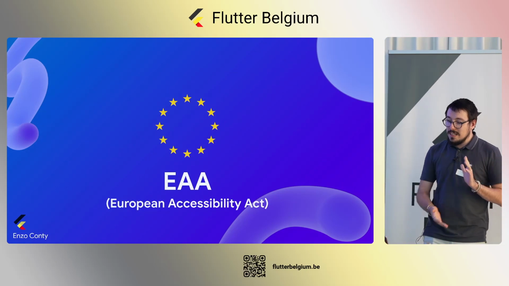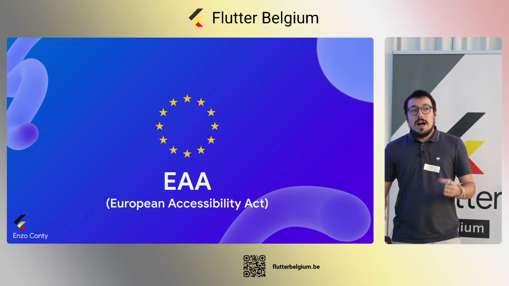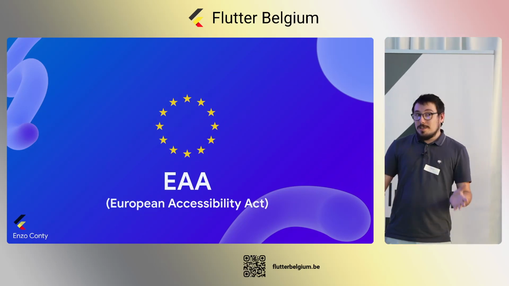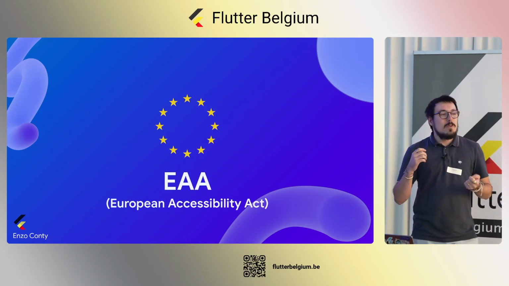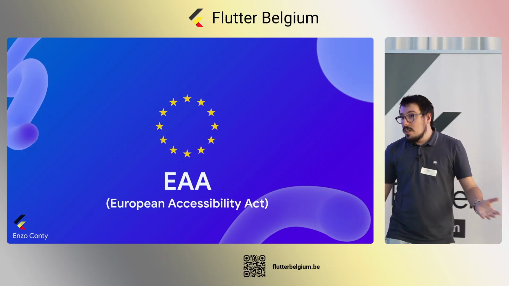What does that exactly mean? That means starting 2025, we will have regulation about accessibility in Europe. And 2025 is soon-ish. And what does that exactly mean for us developers and companies?